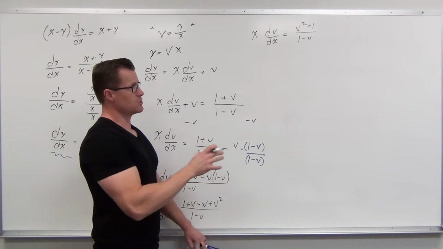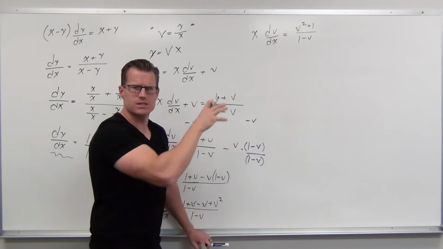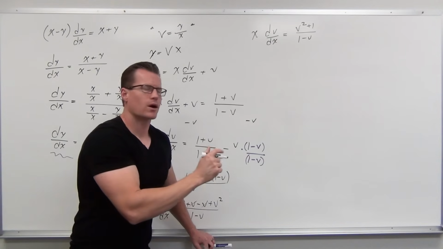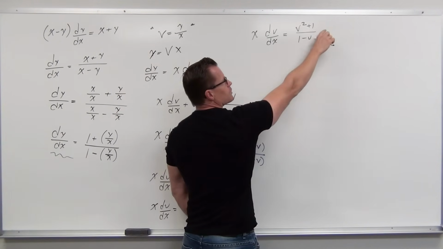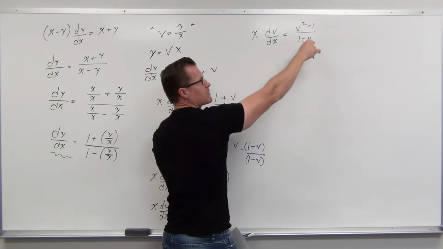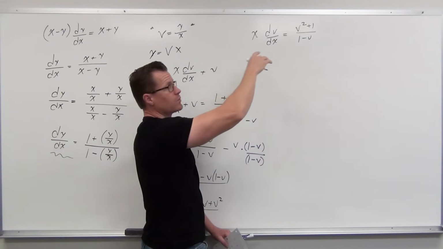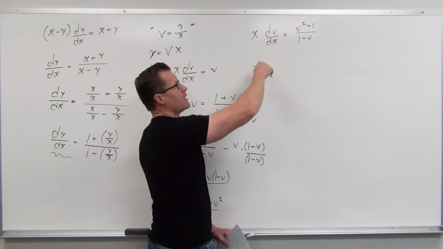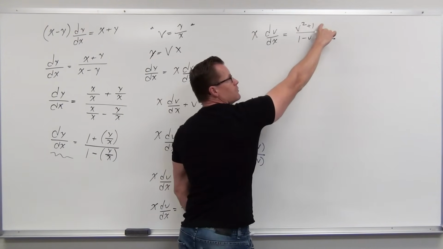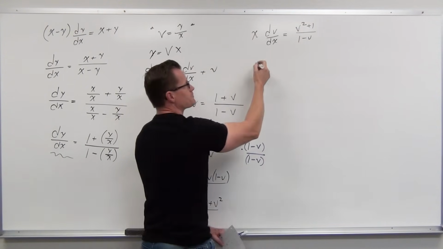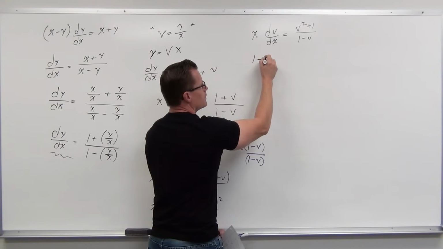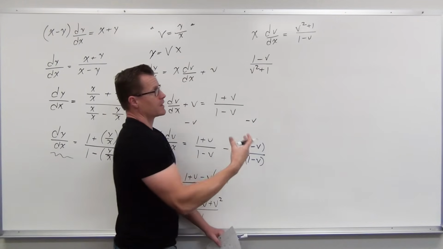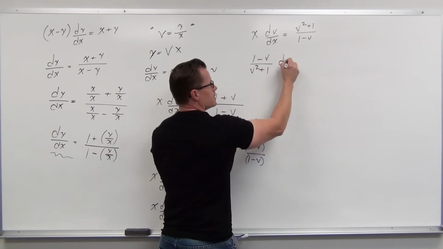So let's do that. Let's put our v's on one side. We've seen this before, I did so many examples, it's got to be in there somewhere, where we multiply by the reciprocal when we move our v's over. So we'd multiply by 1 minus v, we divide by v squared plus 1, we divide by x. So when we move this over here by multiplication and division, we're going to get the reciprocal dv.